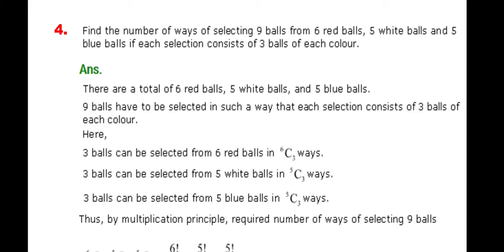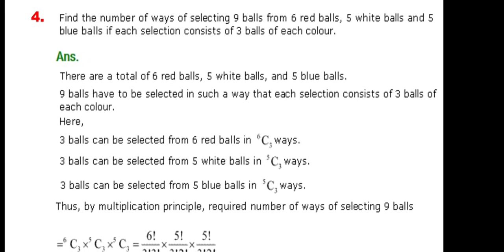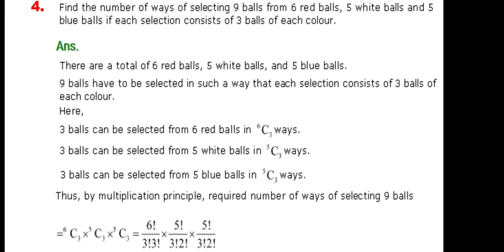The students, question is we have to find the number of ways in which 9 balls can be selected from 6 red balls, 5 white balls and 5 blue balls, so the total is 16 balls, out of which we have to select 9 balls, and the condition is that each selection must have 3 balls of each color.